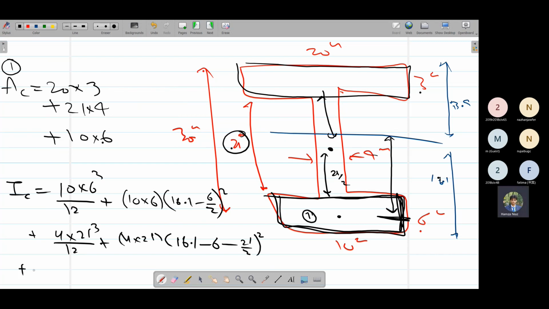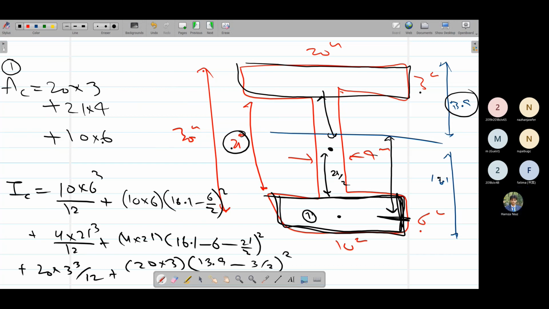Similarly for the third one, 20 into 3 cube by 12 plus 20 into 3 and 13.9 minus half of 3. So this is how we can calculate the moment of inertia of this I section, simply by using the parallel axis theorem.